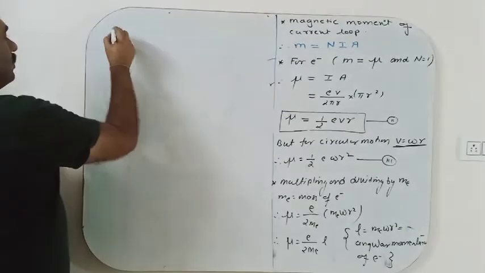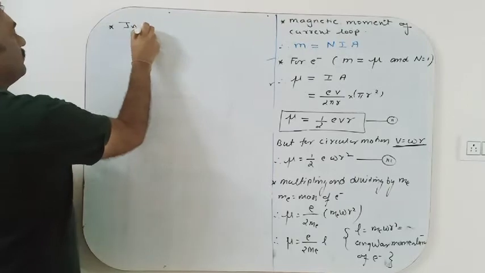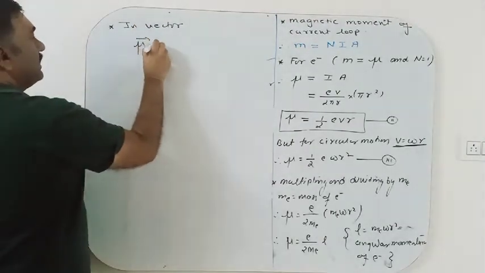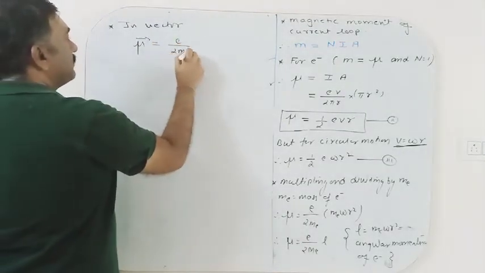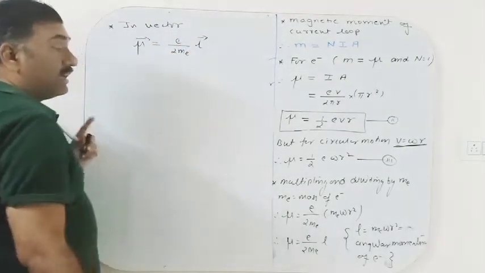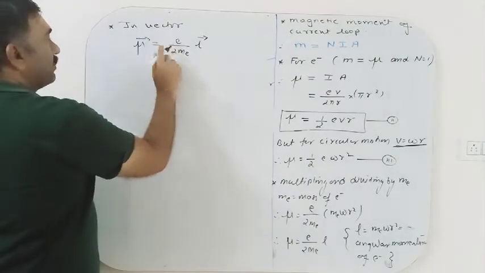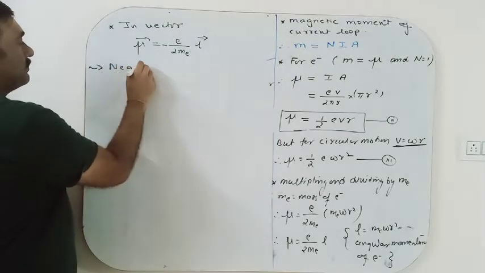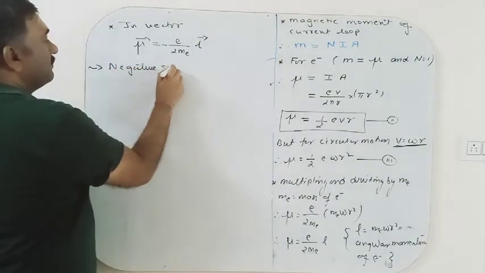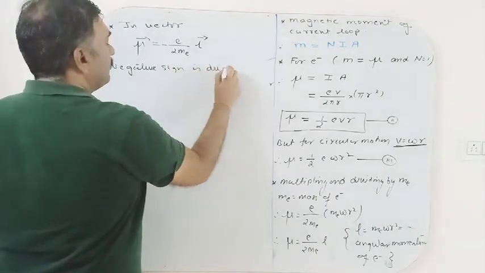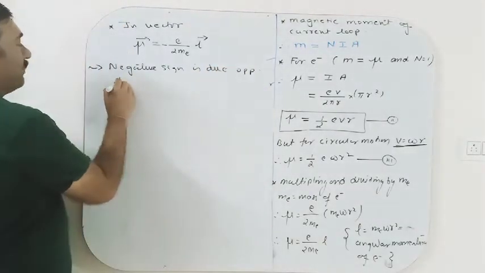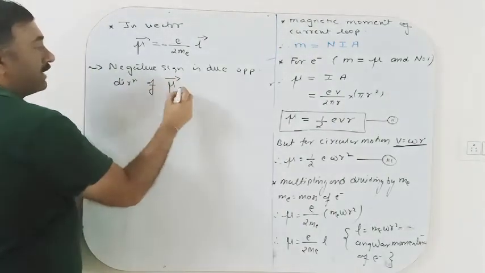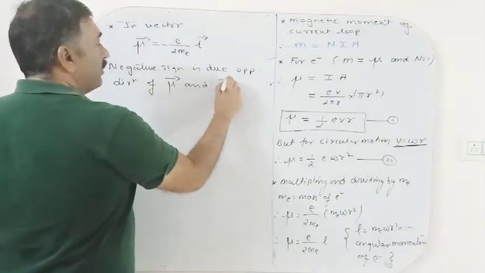In vector form, mu with an arrow is equal to E divided by 2ME into L, but L and mu are in opposite directions, so we have to put a negative sign. We have to mention that the negative sign is due to the opposite direction of the magnetic moment of the electron and the angular momentum.